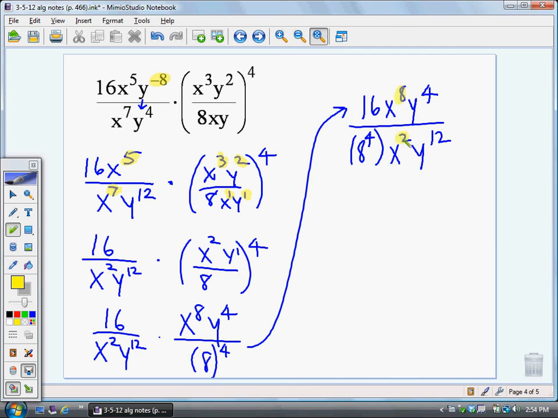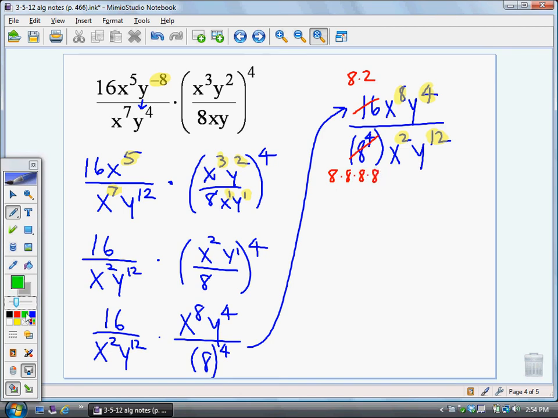I've got an 8 there and 2, and here I've got a 4 on top and a 12. I also have 16, which can become 8 times 2. And then 8 to the fourth, remember, is 8 times 8 times 8 times 8.